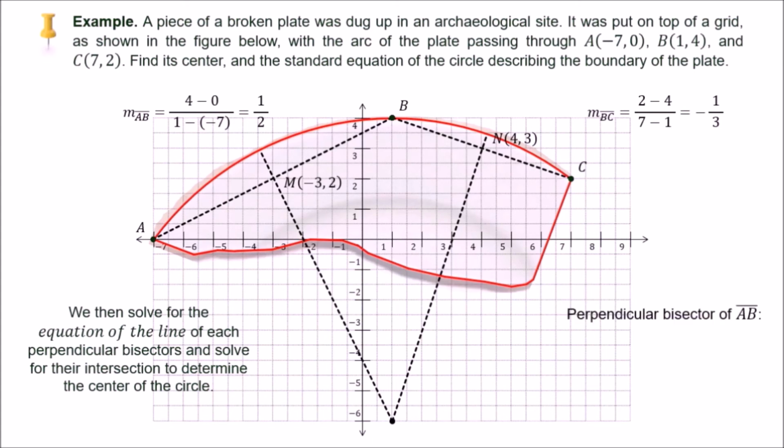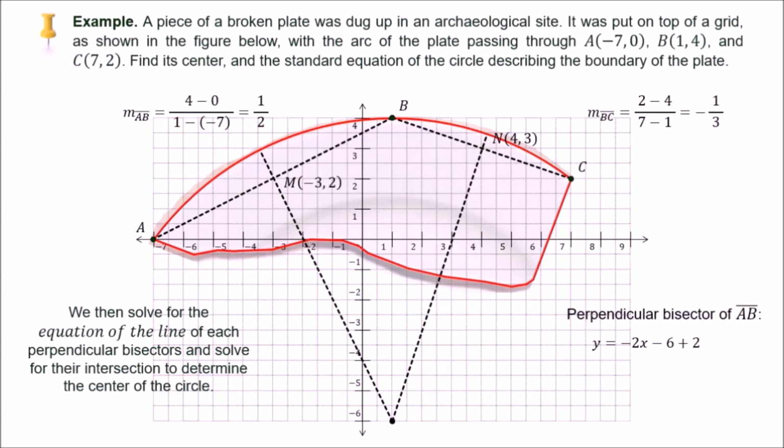Starting with the perpendicular bisector of the line segment AB, that would be y minus 2 equals -2 times x plus 3. Take note that -2 here is the negative reciprocal of the slope of the line segment AB, which is 1/2, while y sub naught and x sub naught would be the coordinates of the midpoint M. Simplifying, we'll have y minus 2 equals -2x minus 6.